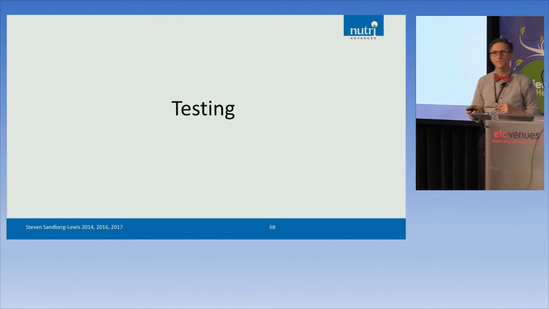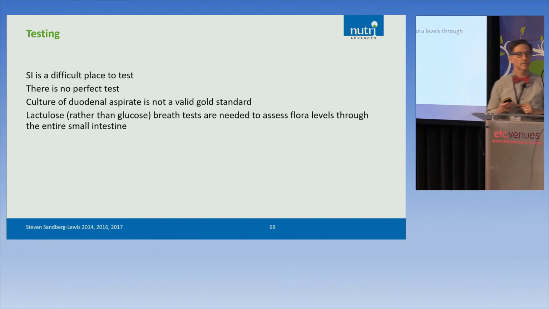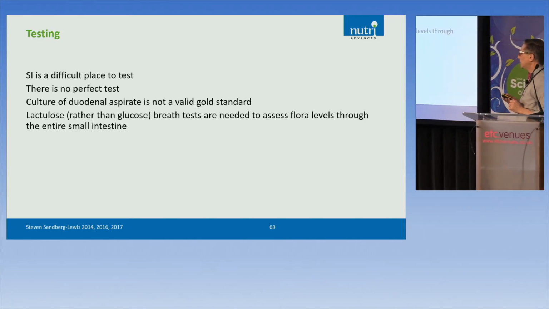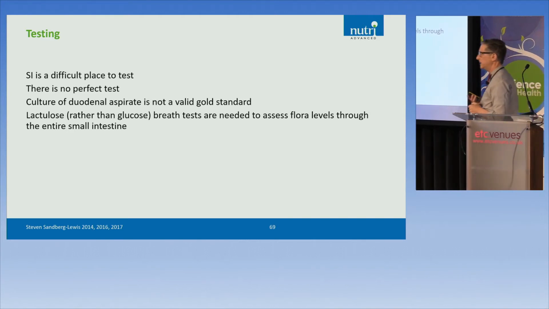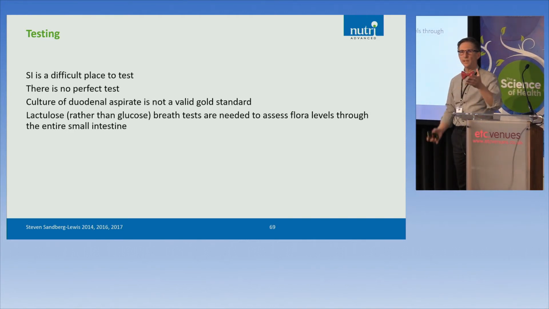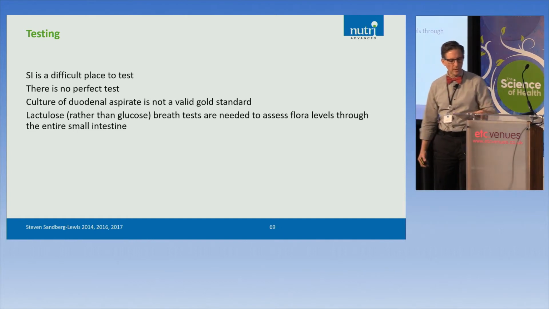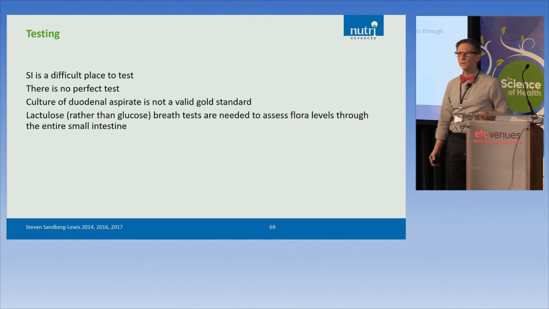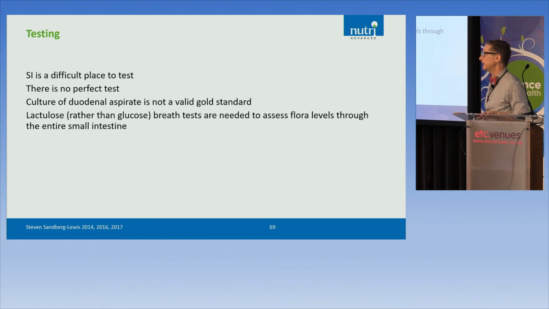How do you test? So the small intestine is a difficult place to test. Upper endoscopy only gets to generally the second, maybe the third or fourth portion of the duodenum, so the very first centimeters of the small bowel. And the small bowel is, they say, 18 to 20 feet long.